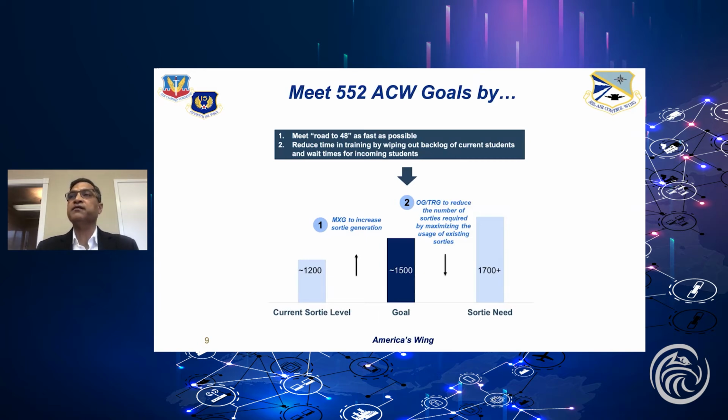How can I increase the throughput of every sortie? All of this led to the very clear conclusion that the sortie is my constraint. So once it was very clear the sortie is the constraint, it was quite obvious that the next step is to exploit the constraint and subordinate to the constraint.